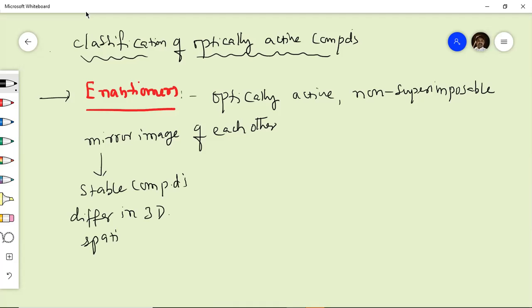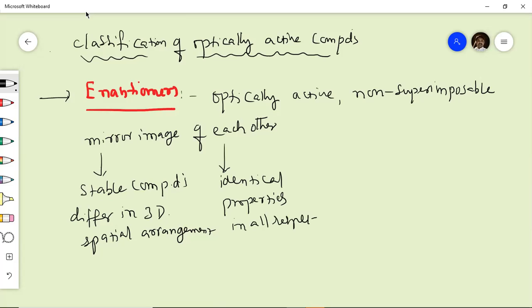Three-dimensional spatial arrangement. The other one, they are said to be having identical properties in all respects in their interaction with plane polarized light.